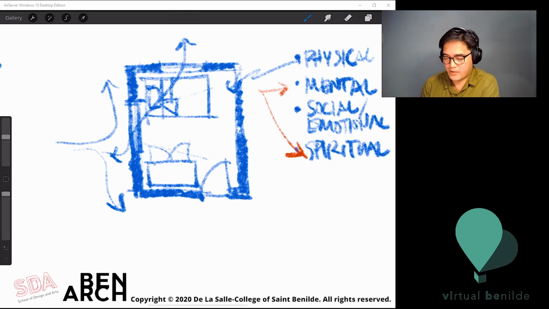Now what about the social and emotional? Something like this, an enclosed space. Normally, if an enclosed bedroom is among siblings, it would tend to distance the siblings. If this is a shared bedroom instead, the relationship between the siblings would be better. The social emotional aspect is that it does not support visitors.